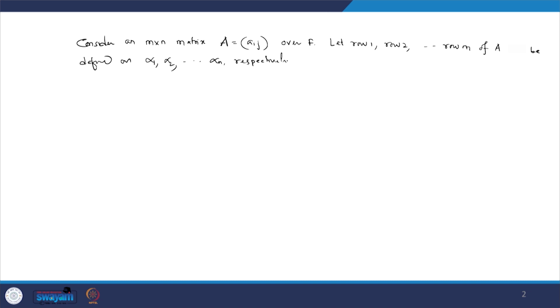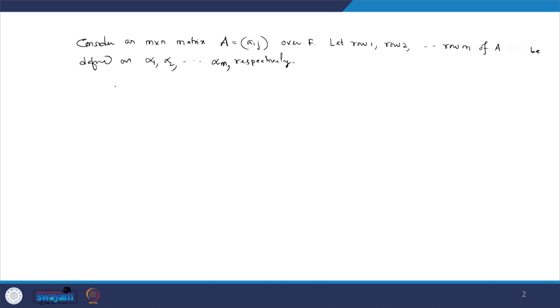So, I am calling the first row of A as alpha 1, the second row of A as alpha 2 and the mth row of A as alpha m respectively.